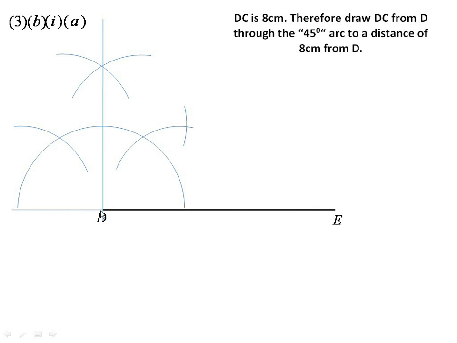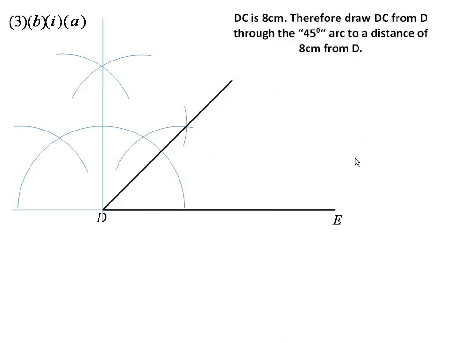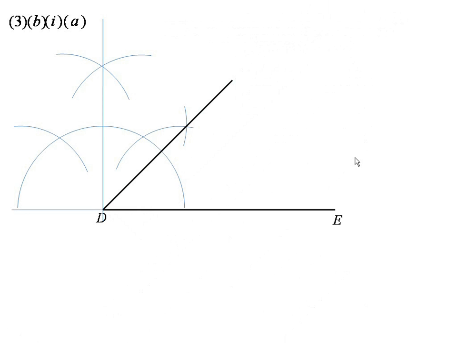So draw from D through these arcs all the way a distance of 8 centimeters, and there we will locate the point C. Where is that point C? I hope it is somewhere near. Well, we do not have it yet, but maybe by the completion of the triangle, we will have it included. There it is. So complete the triangle, and there we will have our point C.